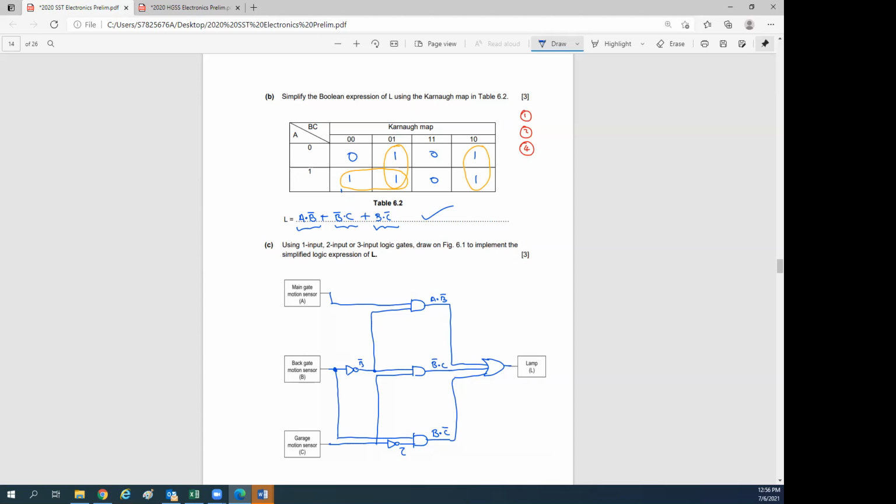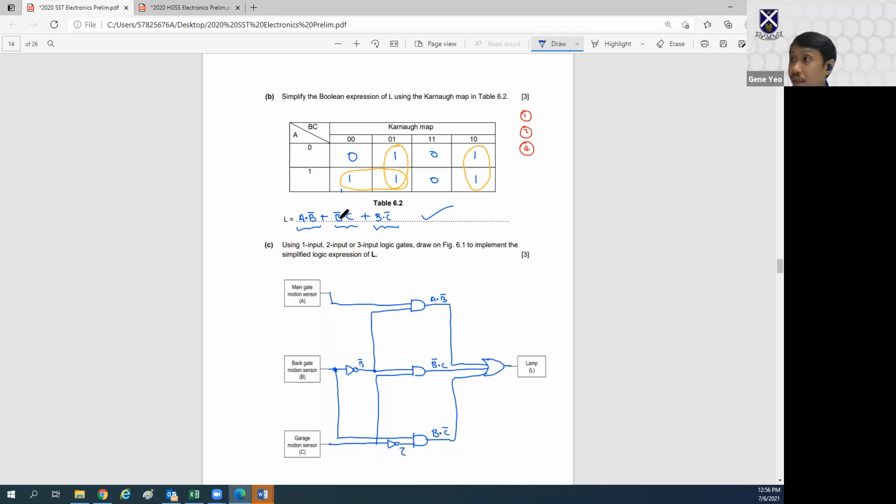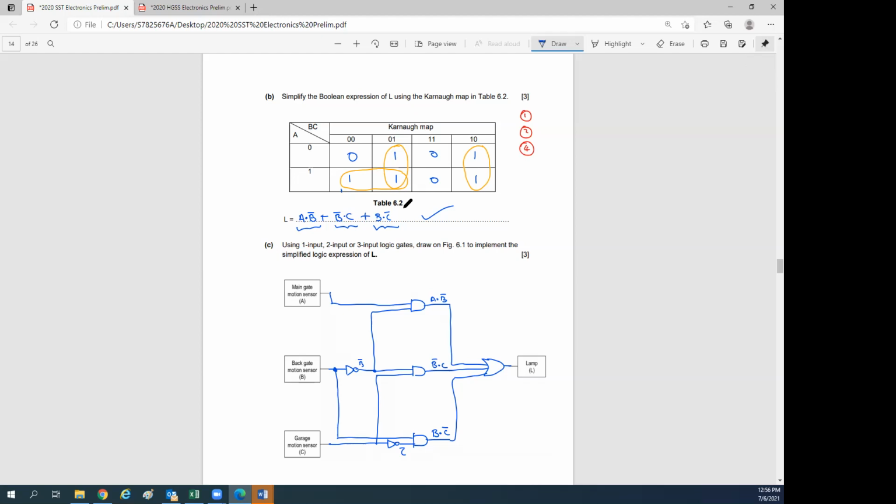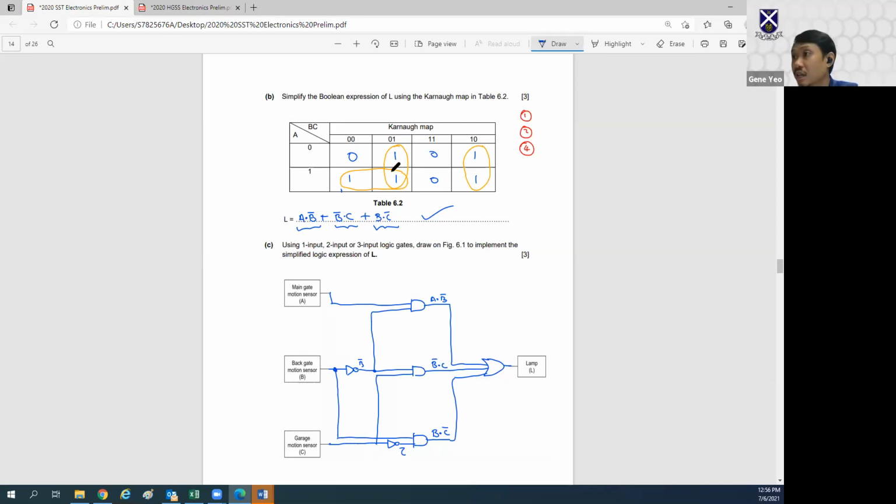So for question B, I had an issue. Question B, part B. Yes, what's the issue? Before you said that we can't group ones like 2 times. But isn't there one that has been grouped 2 times already? Oh, this fella. Yeah.